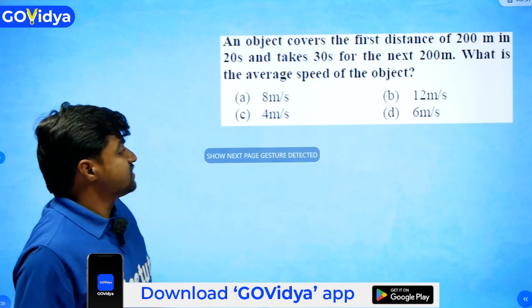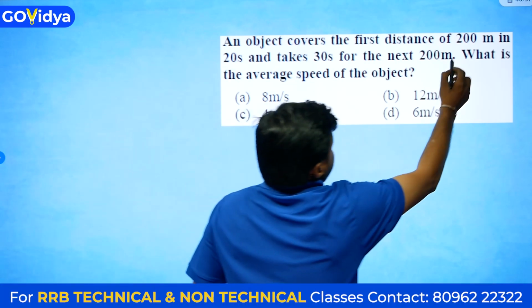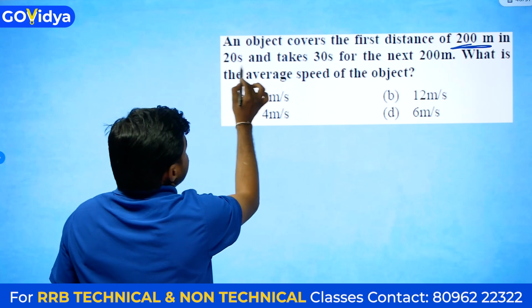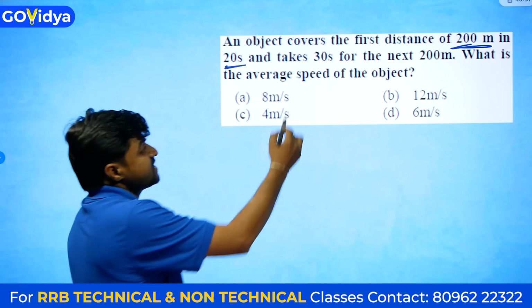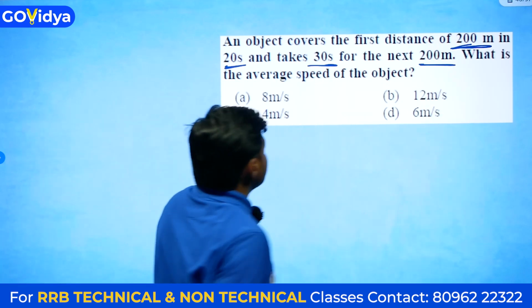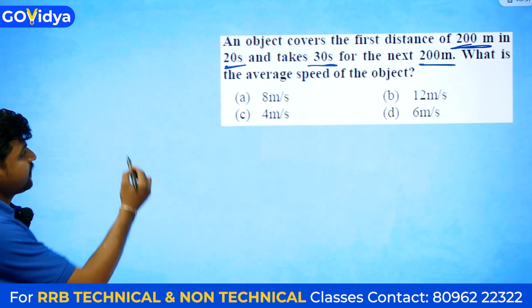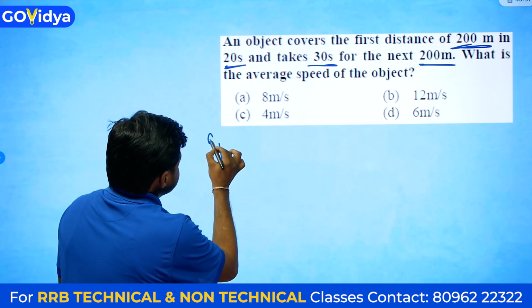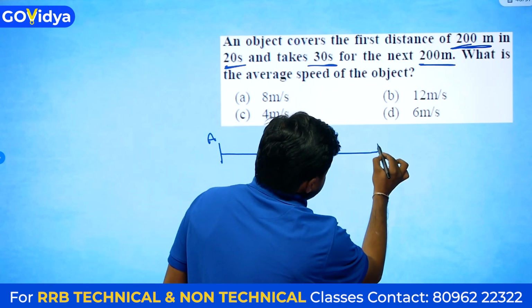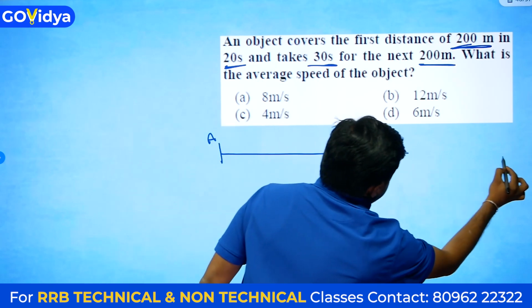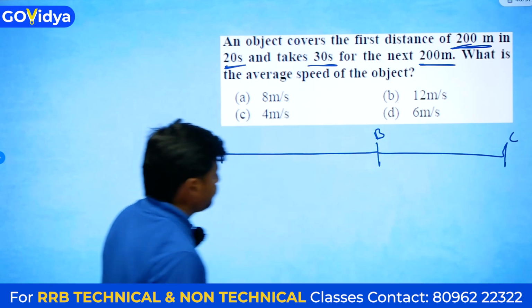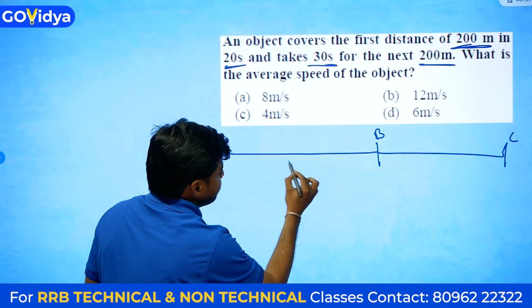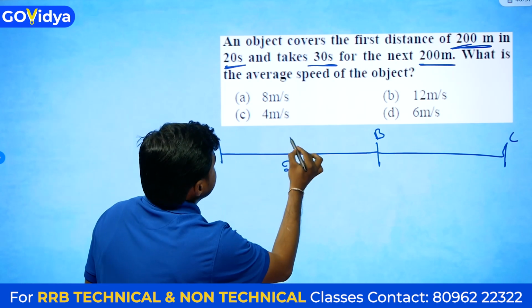An object covers the first distance of 200 meters in 20 seconds and it takes 30 seconds for the next 200 meters. What is the average speed? See here point A, here point B, here point C. From point A to point B, 200 meters is covered in 20 seconds.